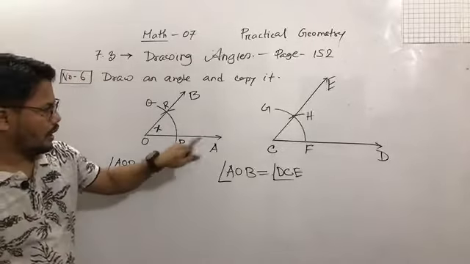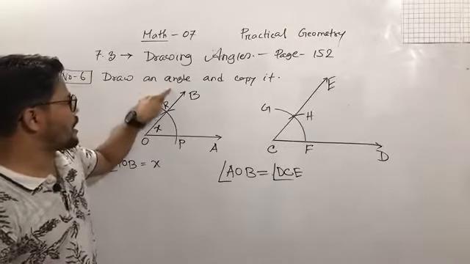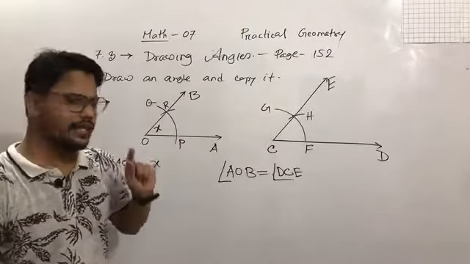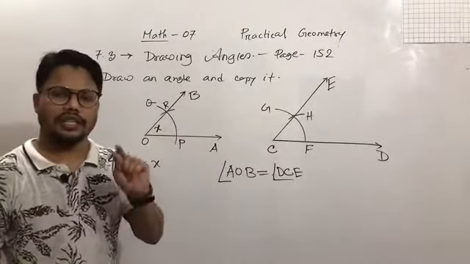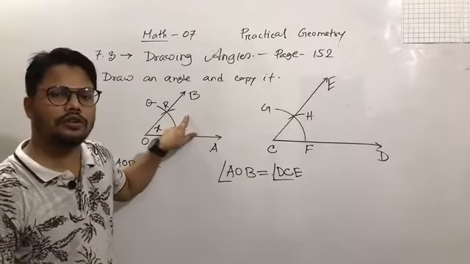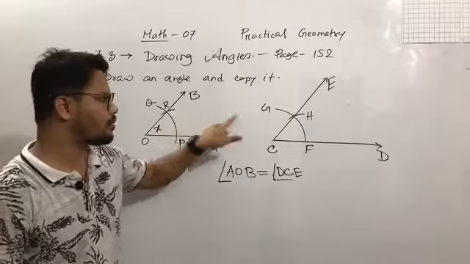Now this is the first one. Draw an angle and copy it. Almost maximum students can draw the figure exactly, but sometimes in the exam hall we see students do not write the descriptions of the figure.